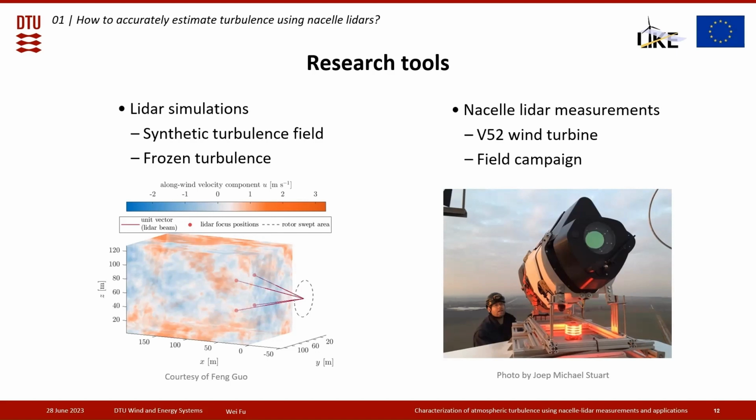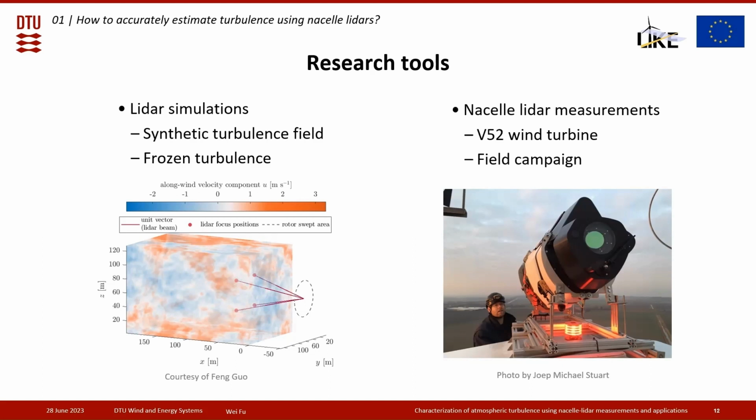Here we have this dashed circle. This is a wind turbine rotor. In the middle, we have our nacelle-lidar, and this four dot kind of hidden in the box is the LiDAR focus point. This turbulence field assumes frozen turbulence, which means that while the whole box passes through the wind turbine, the wind fluctuations in the box don't change.